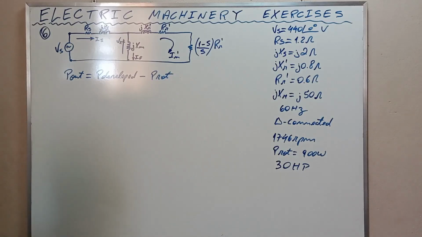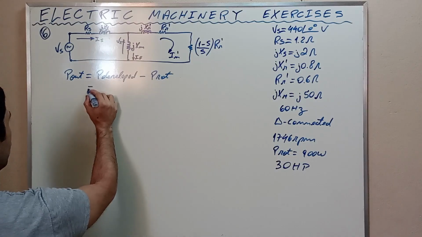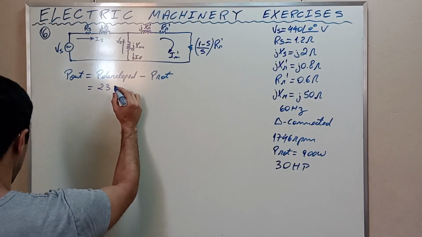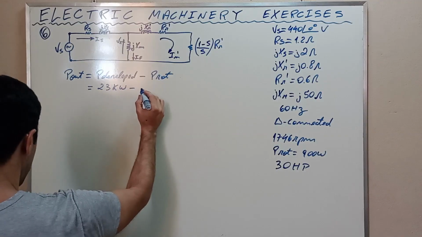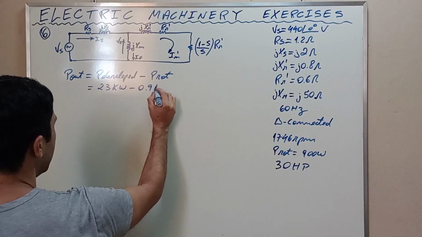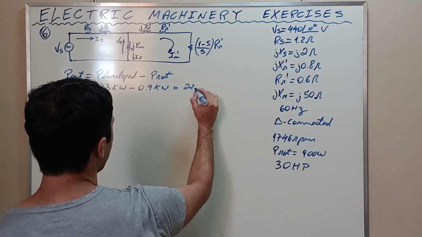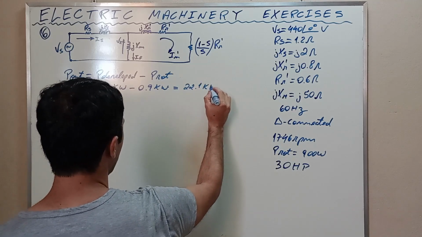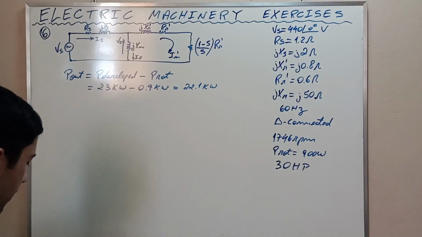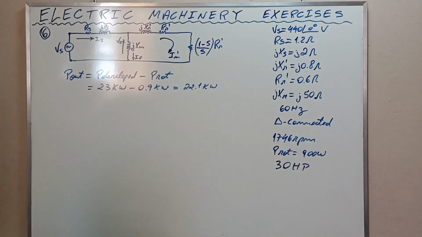This is equal to 23 kilowatts minus 0.9 kilowatts, which is equal to 22.1 kilowatts.